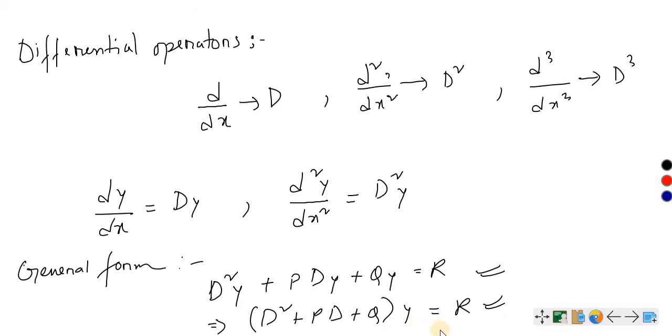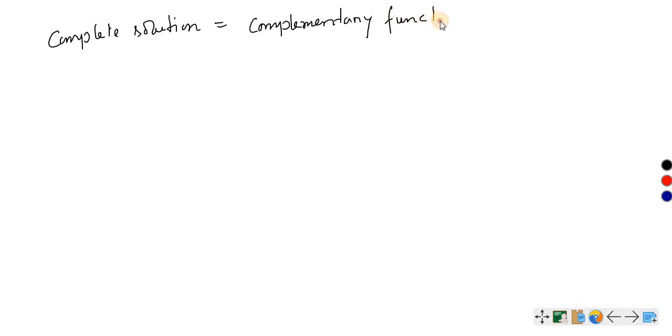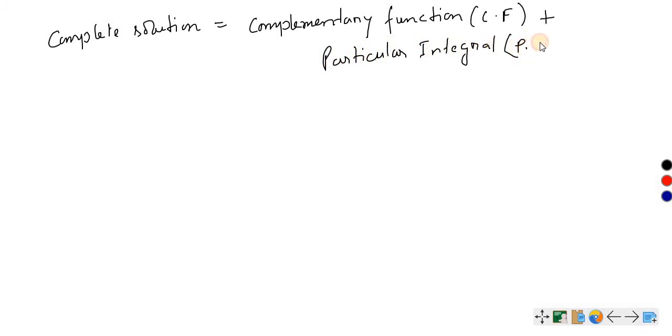The complete solution of such differential equations can be given as the sum of the complementary function, which I can write in short as C.F., plus the particular integral, in short P.I. Complete solution means I am finding the solution of y.